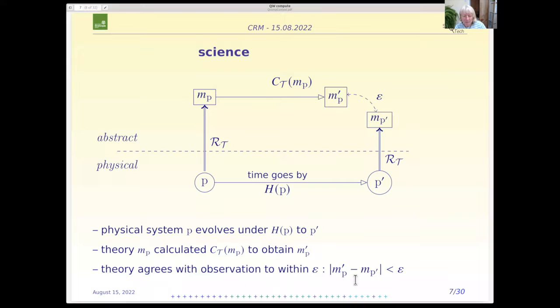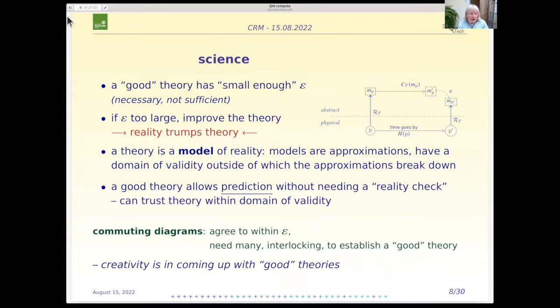That is small by some measure of however it is we're observing and quantifying our model. But for science, a good theory has a small enough epsilon. This is a necessary but not sufficient condition.